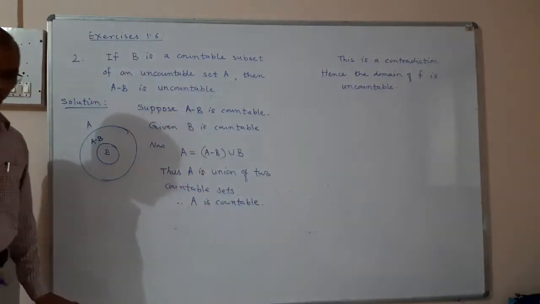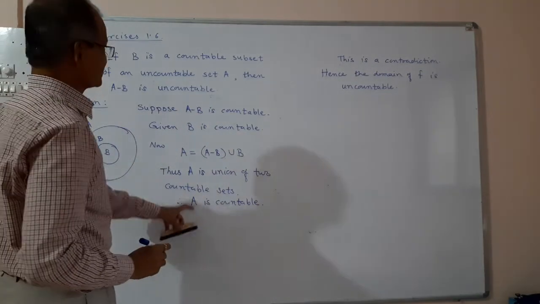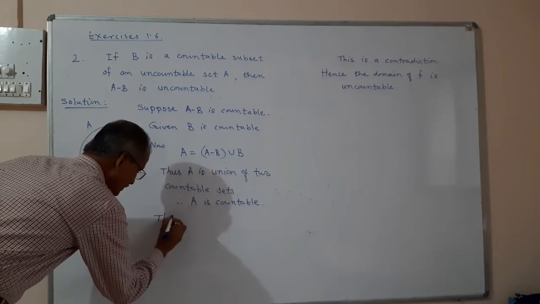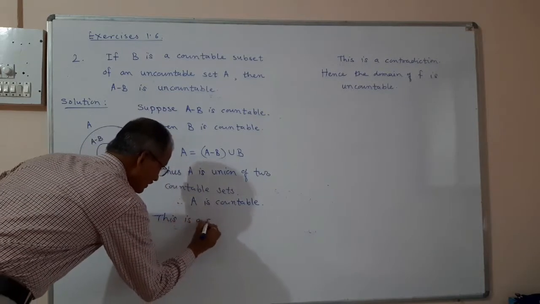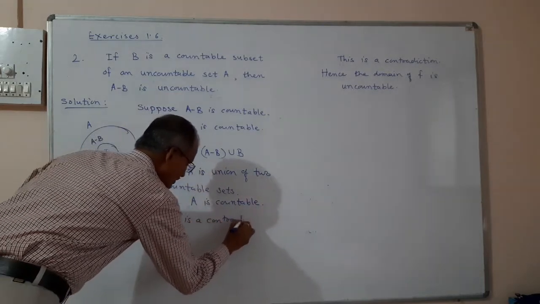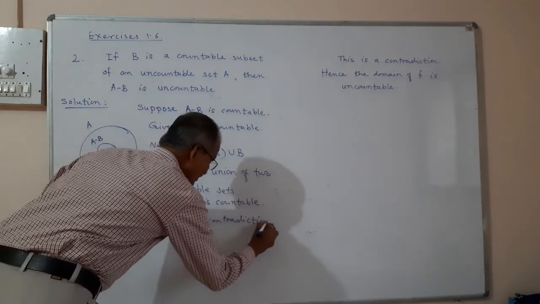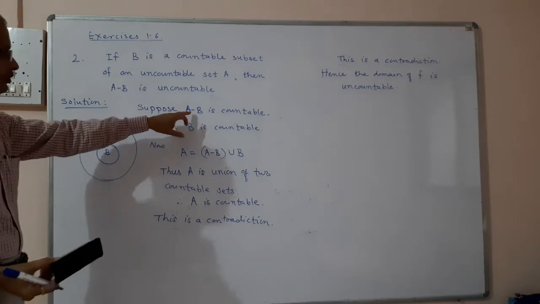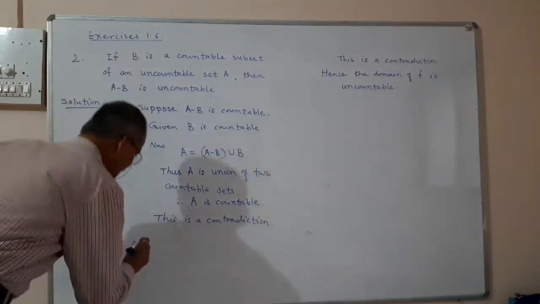And this is a contradiction because A is uncountable. And hence this contradiction proves A minus B is uncountable.